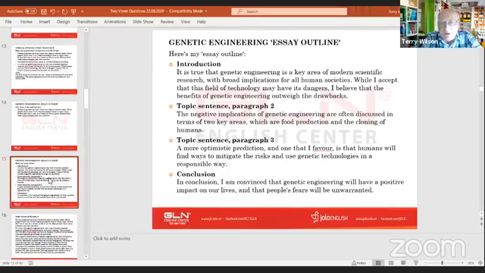So this is what I'm going to write about in paragraph 2. The negative implications of genetic engineering are often discussed in terms of 2 key areas, which are food production and the cloning of humans. So the cloning of humans is basically scientists copying the DNA of humans to make a replica human.